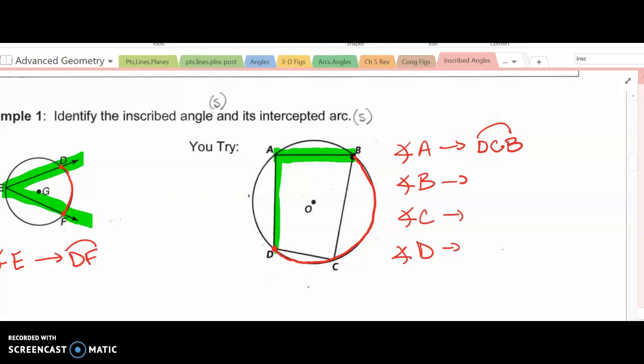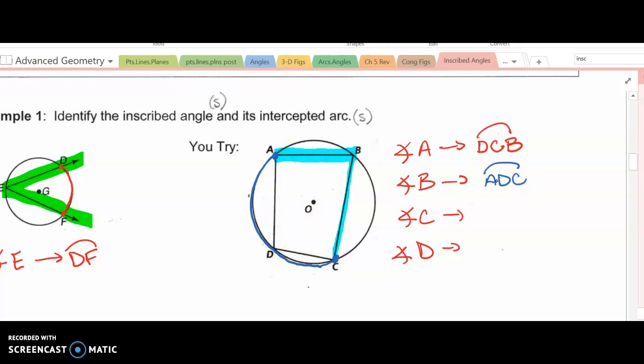Okay, let's look at another one. Let's look at angle B. Same picture, all new scenario. This time, if we start where the angle crosses the circle, we follow it all the way around to where the angle intersects the circle. We were using A D C. And keep in mind, the order doesn't matter, clockwise or counterclockwise.